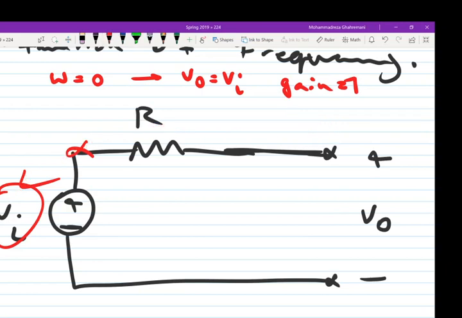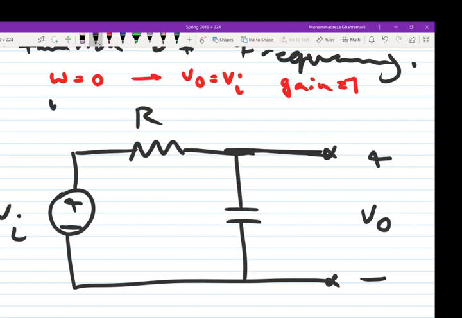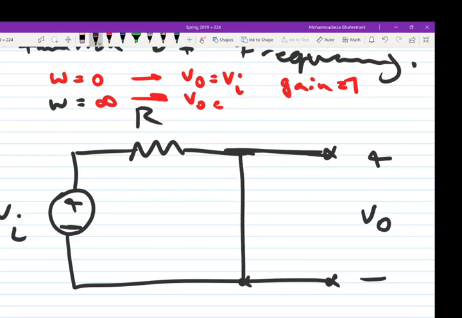Okay. Now let's go back to frequency infinity. If this is a capacitor and we say frequency is infinity, what is VO? If the frequency is infinity, the capacitor acts like a short circuit. It's a wire.